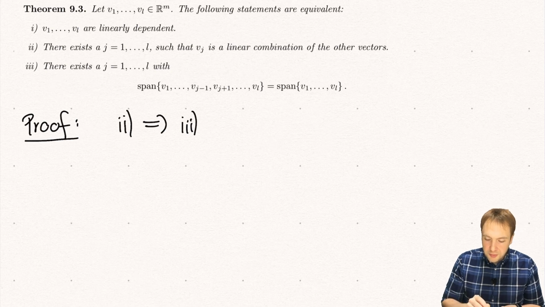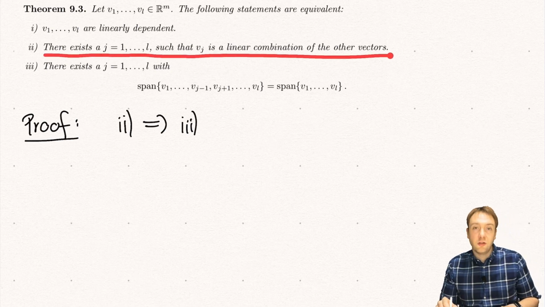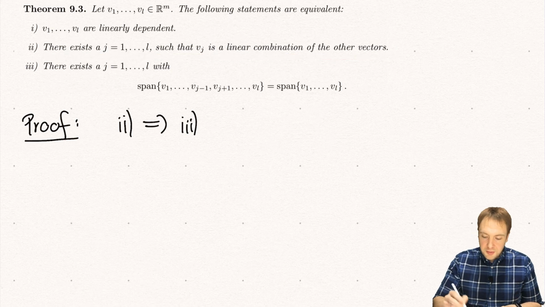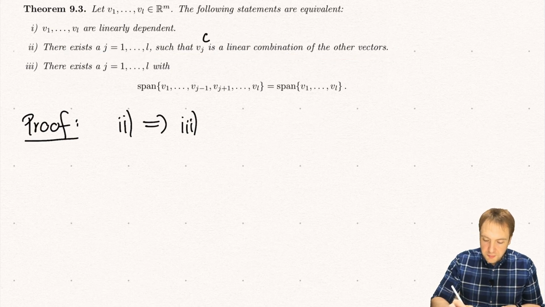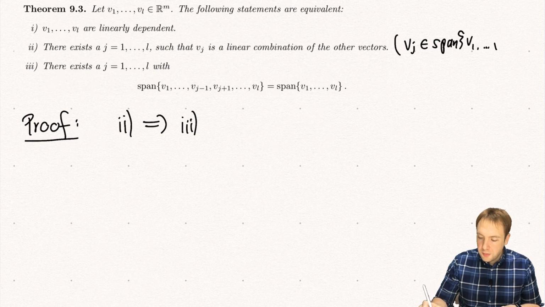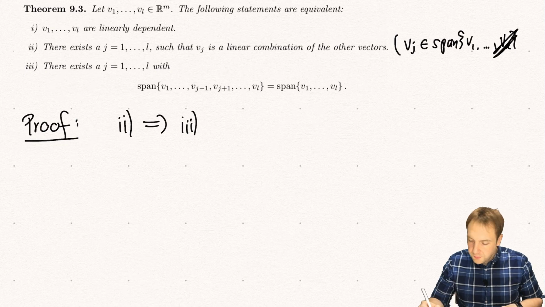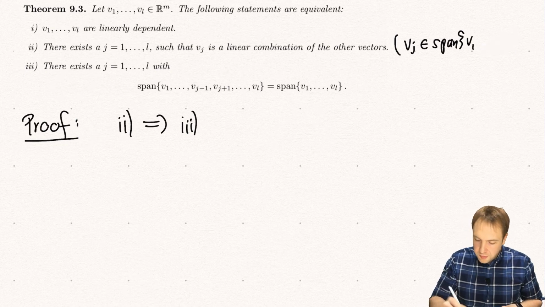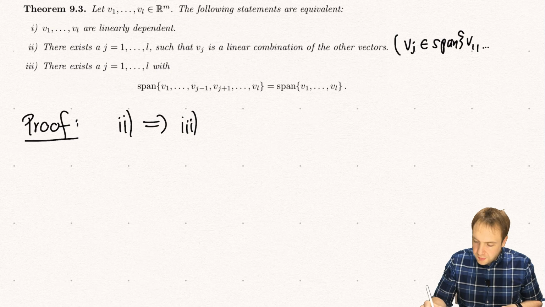Assuming that vj is a linear combination of the others, another way of writing this just means that vj is in the span of all of them without vj.